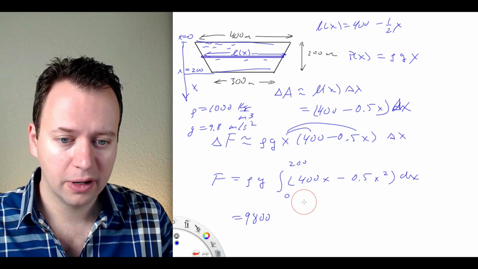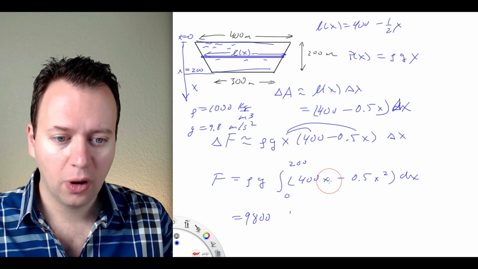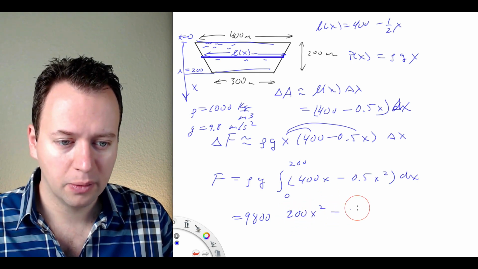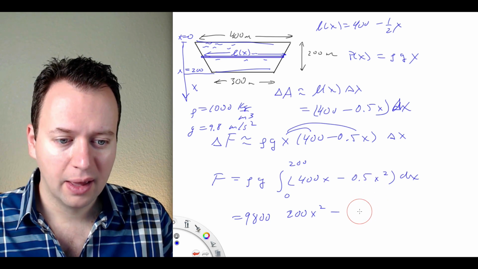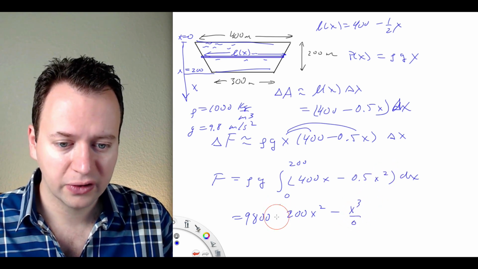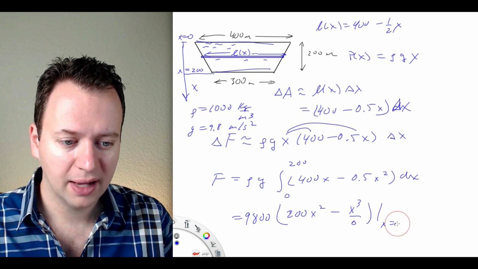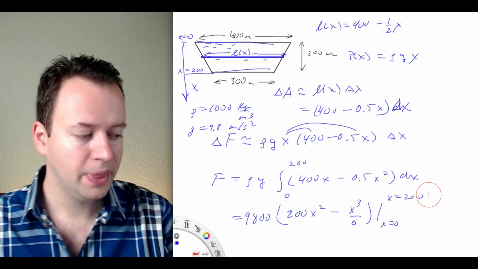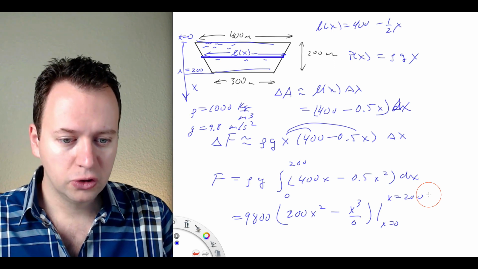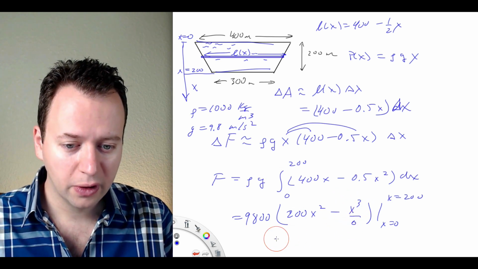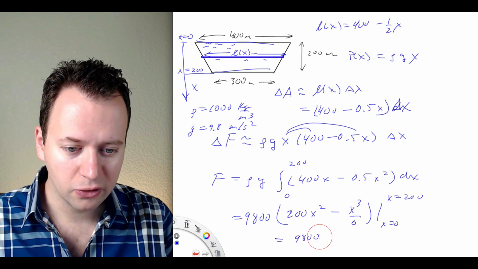Then 400x squared over 2 becomes 200x squared, minus 1/2 x cubed over 3 becomes x cubed over 6, evaluated from x equals 0 to x equals 200. So we plug in x equals 200, and we get 200 cubed minus 1/6 of 200 cubed. So this is 9,800 times 5/6 times 200 cubed.